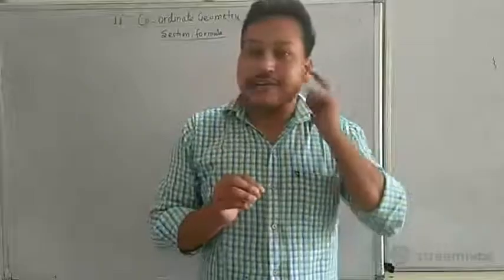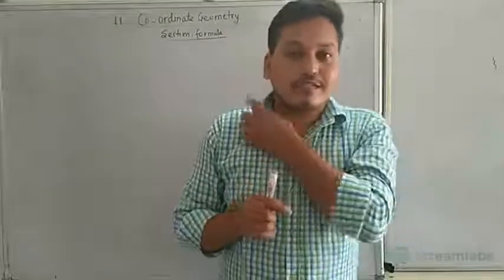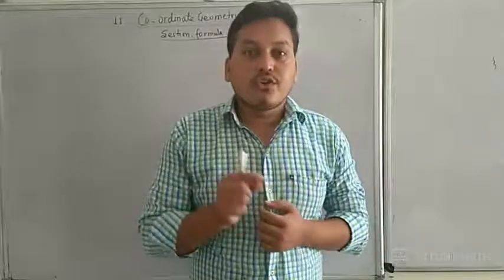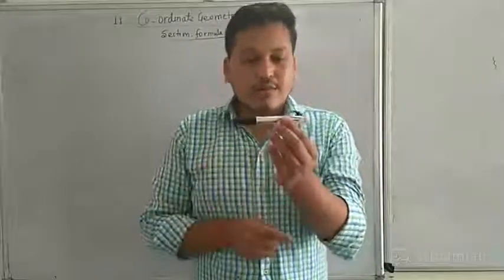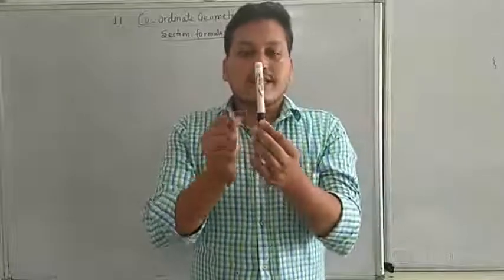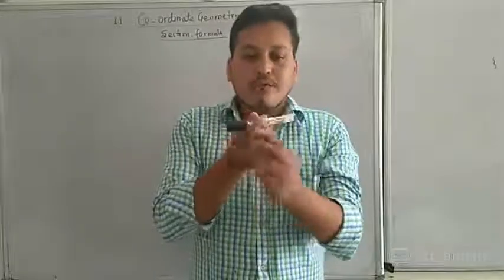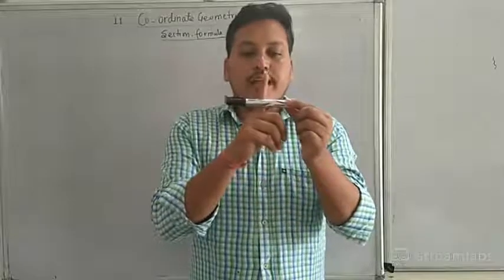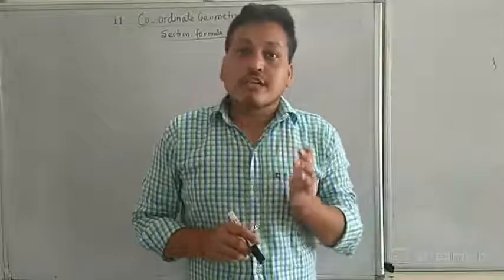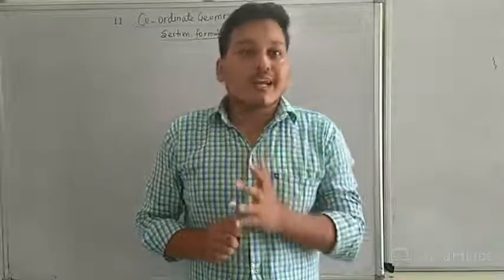Where they intersect each other, that point is O, whose coordinate is (0, 0), known as the origin. So this is the form of a Cartesian system.